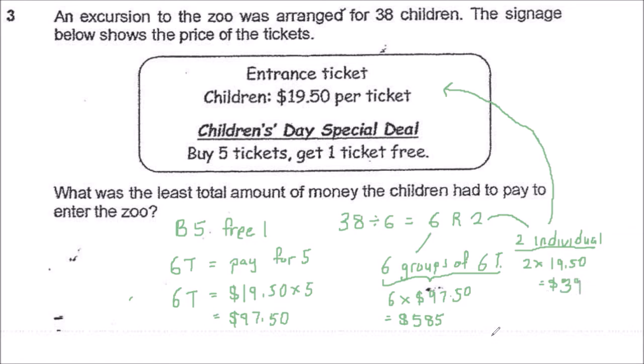Okay, so how much will the children have to pay in total? Isn't it 585 plus $39? Okay, so that will give us a total of $624. Okay, so that's the answer.